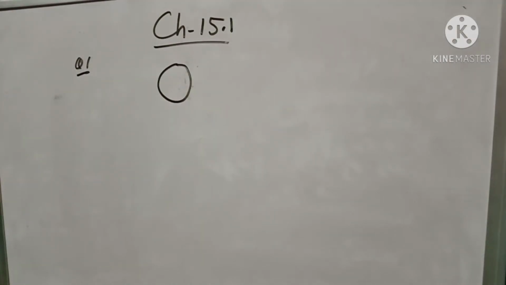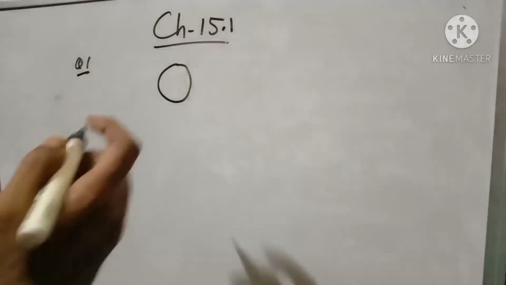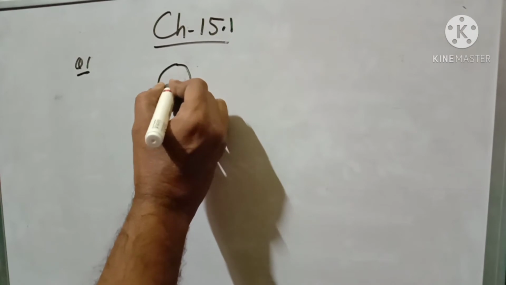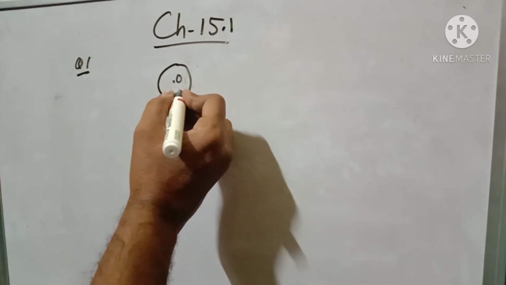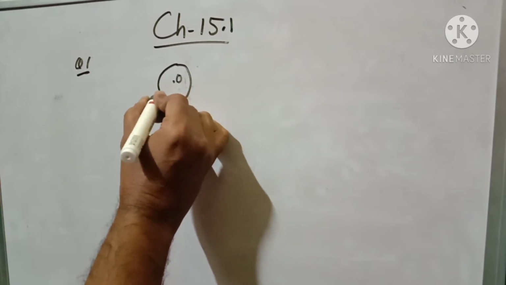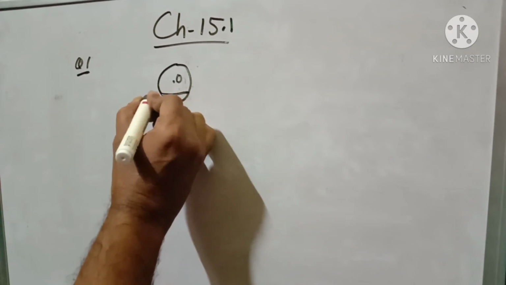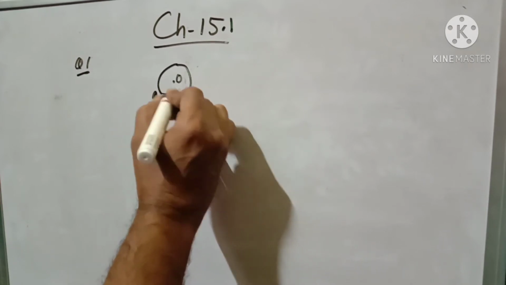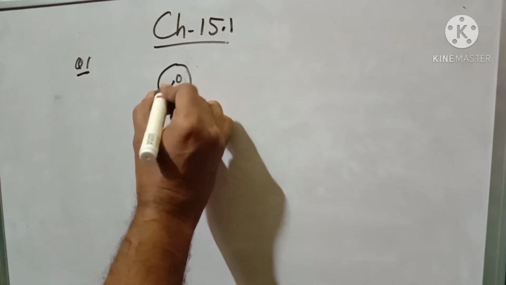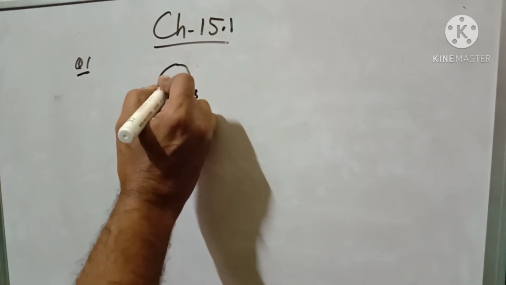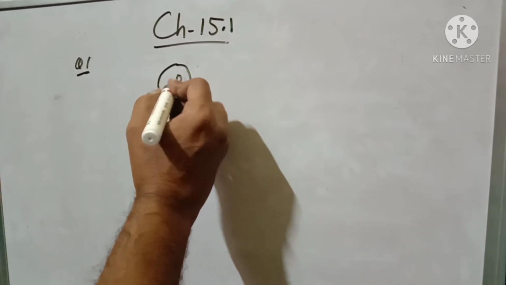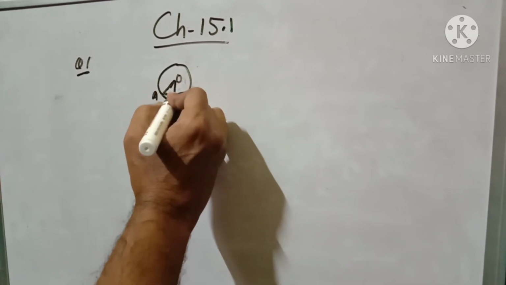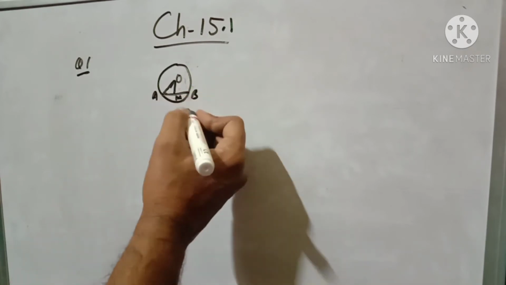This is our center O, and this is one chord, let it be AB. Draw from the center to point A, and OM is the perpendicular.